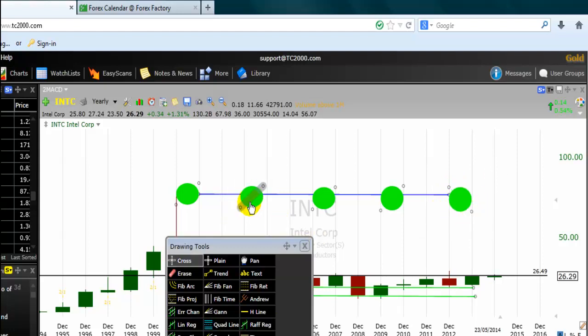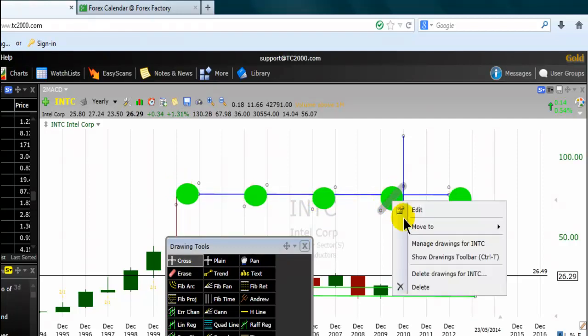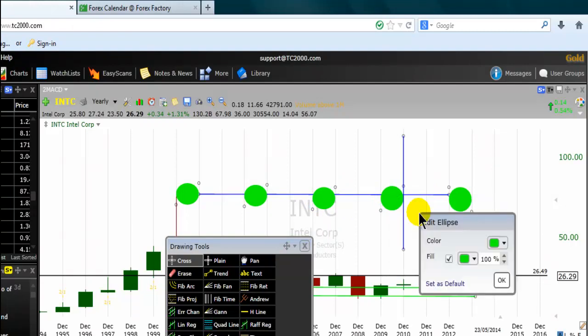I need to move this one a little bit. I will also put a vertical line here. So this is Thursday. Monday, Tuesday, Wednesday, Thursday, Friday. I will also change the color of Thursday to get your attention.